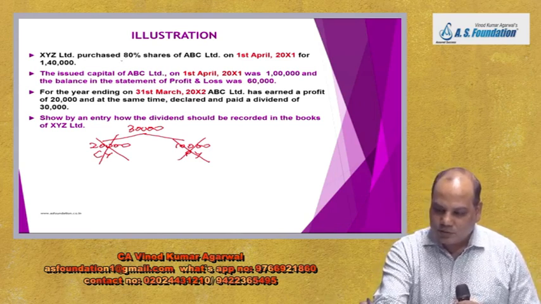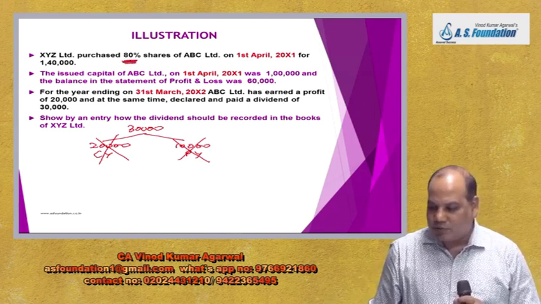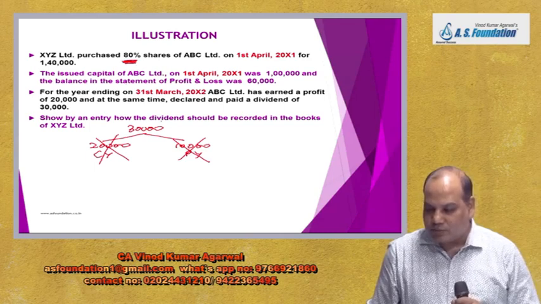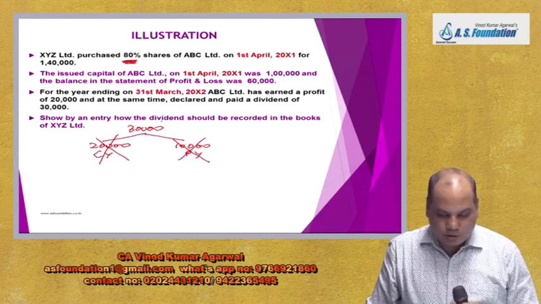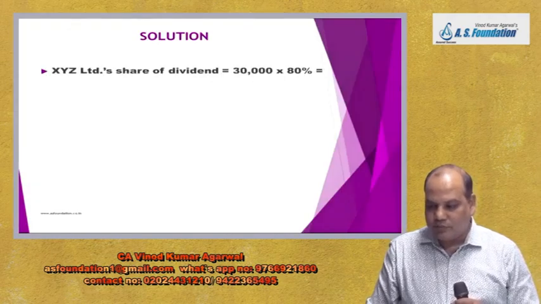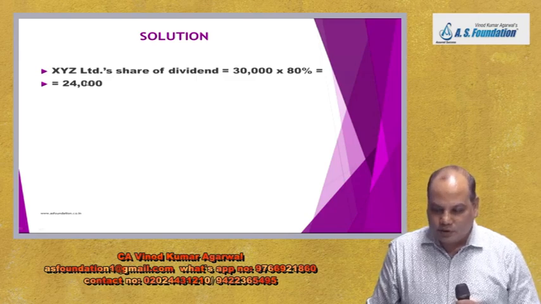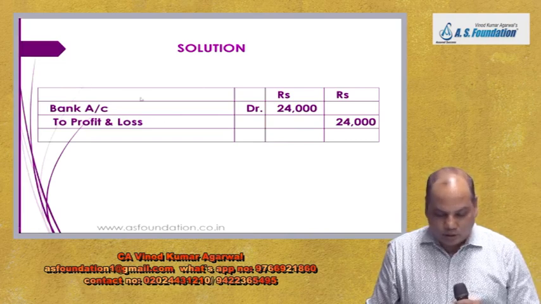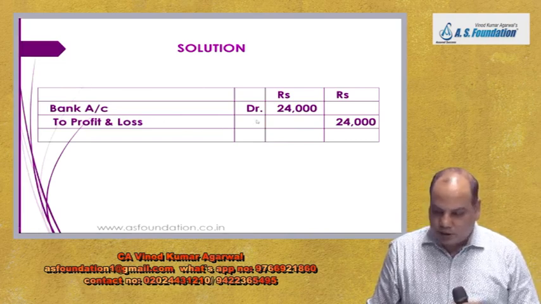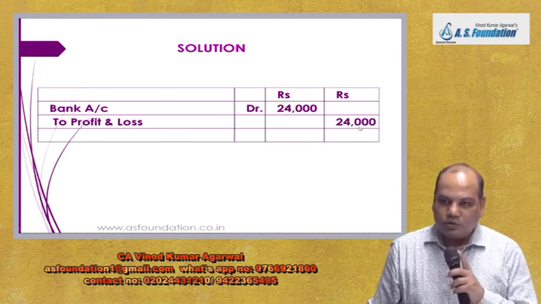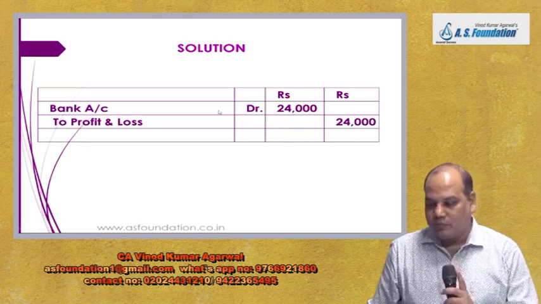What is my share? 80% of 30,000, 24,000. Show by an entry how dividend should be recorded by XYZ. So first you simply calculate the dividend received by XYZ, 24,000, and the simple entry will be bank account debit 24,000 to profit and loss 24,000.